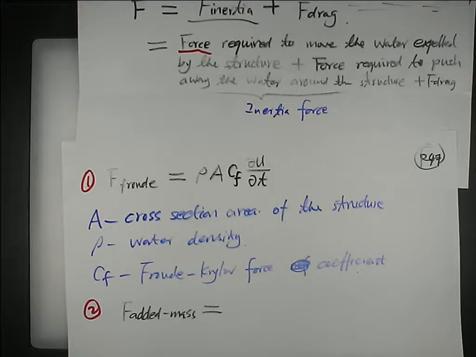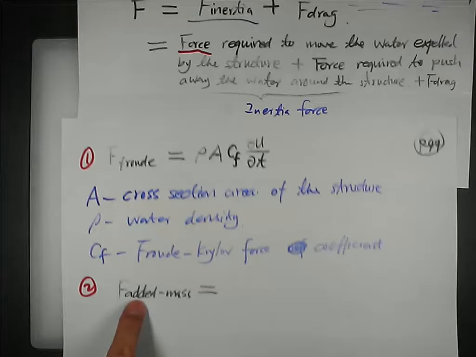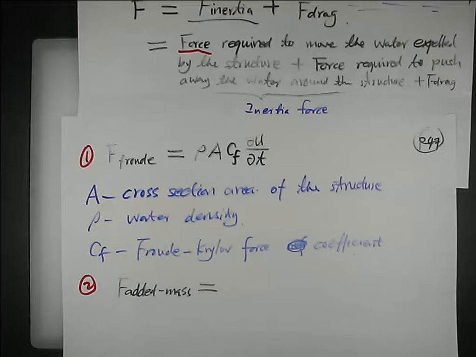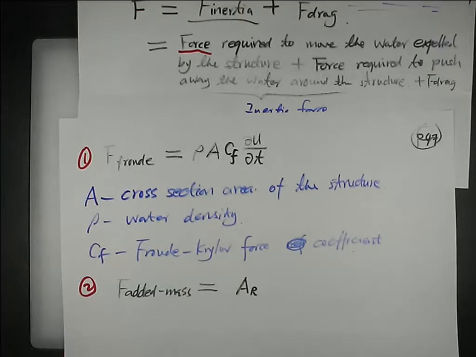So when we calculate the added mass force, we cannot simply use the cross-section area, because for this one it's volume, okay? But for this one, we should consider a specific AR. It is the projected area in the real direction.